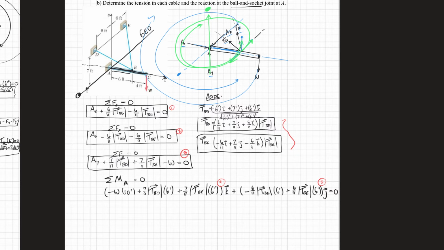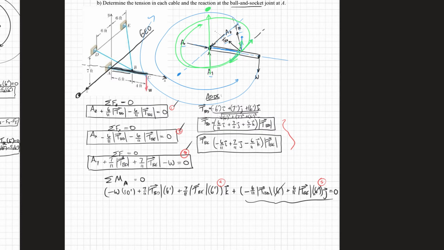To solve this, we're going to look for the easiest ones to solve. I already know that I can't solve 1, 2, or 3. 4 can't be solved, but 5 can be, and 5 is the key. If I look at 5 right here, I can divide both sides by 6, and the 6 goes away.